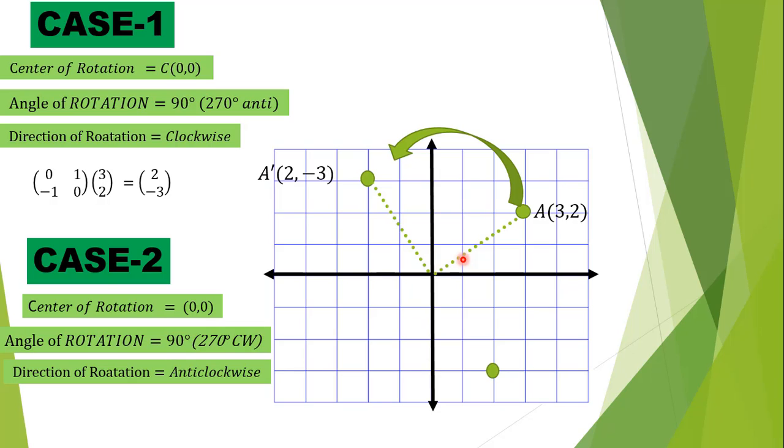Just like case 1, we must have the matrix which, when multiplied with this point A, should give us the image. The matrix is 0, -1, 1, 0. When multiplied with A having the coordinates 3, 2, written in column vector form, we are going to get the image of A, which is equal to -2, 3.